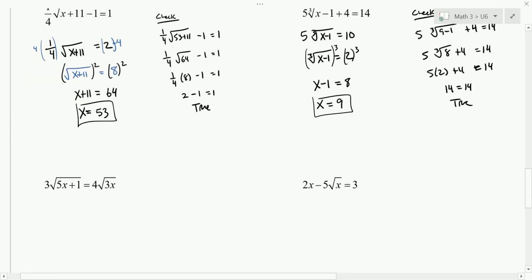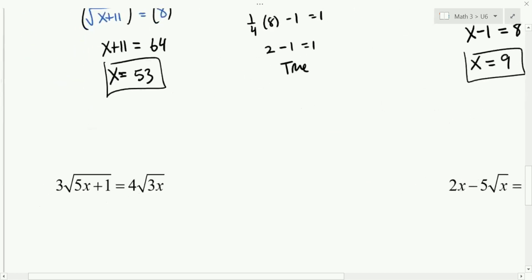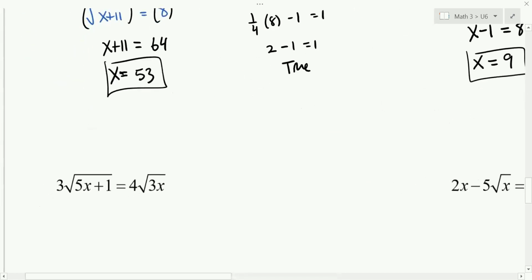The next one has a square root on each side. Okay, Jake, how'd you do this one? Did you get this far? What'd you do to start? Yeah, typically we say get the square root by itself, but if you do that, you're going to create fractions, right?